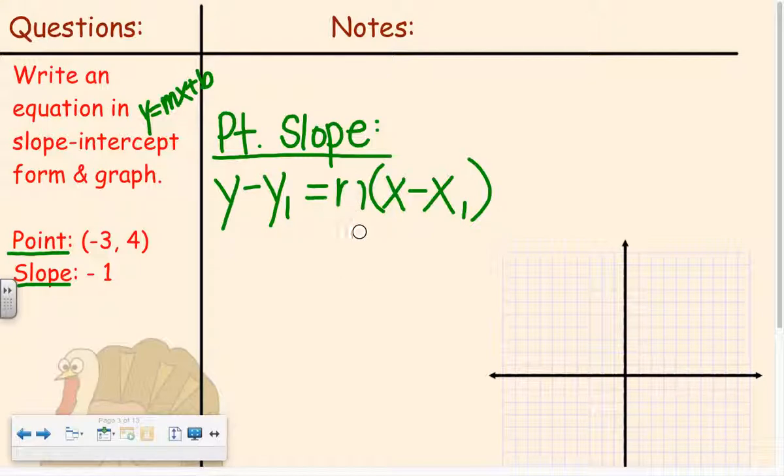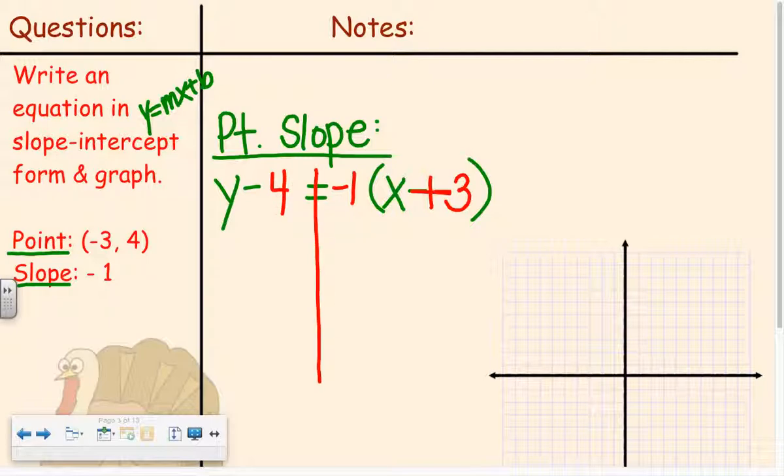I'll replace my m with my slope, which is -1, x1 with my x coordinate, which is -3, so that becomes a plus, and y1 with my y coordinate, which is 4.